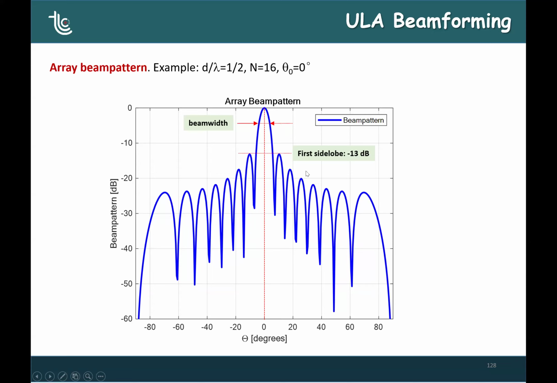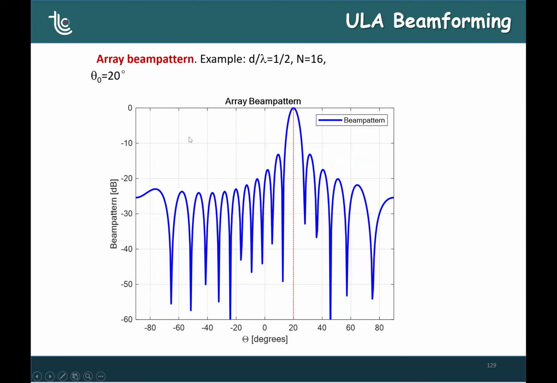The beam width and the level of side lobes is about minus 13 dB. Okay, so this is the main lobe pointed towards the boresight, so 0 degrees, and then we have the principal side lobes, the highest, and then we have all the other side lobes in a dB scale.